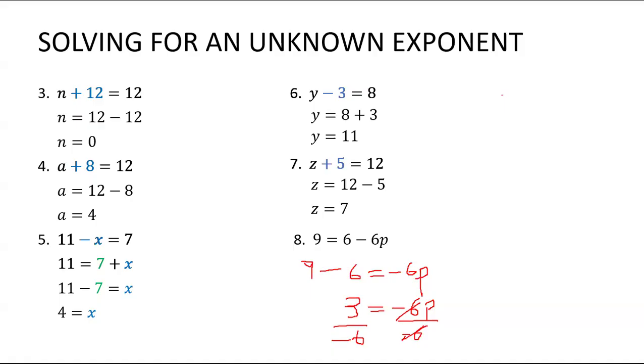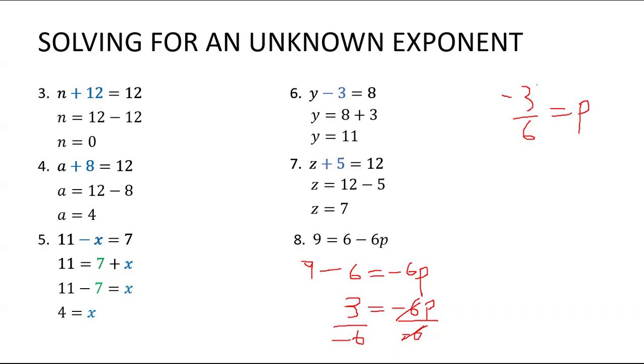So I end up having negative 3 divided by 6 is equal to p. When you simplify this and find the simplest equivalent fraction, I know you did this in grade 7.